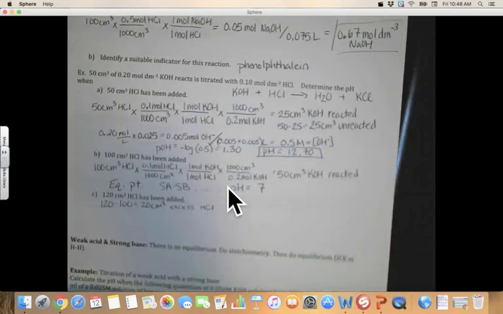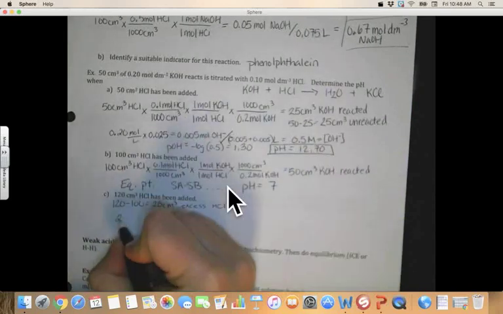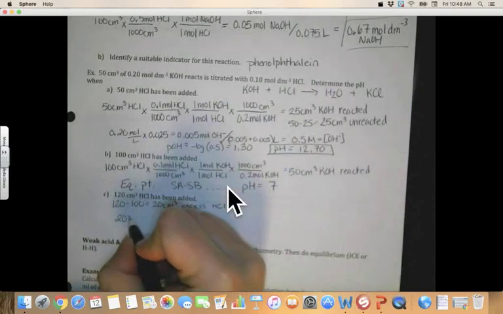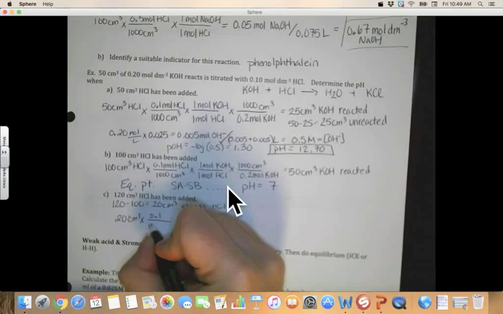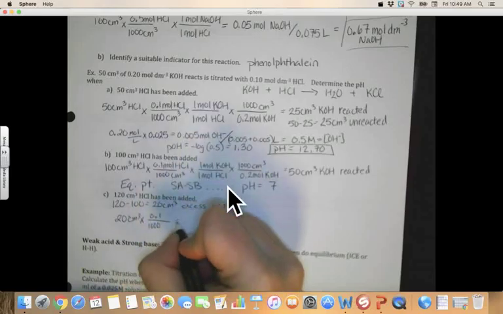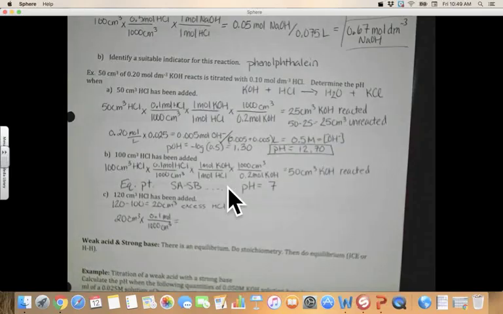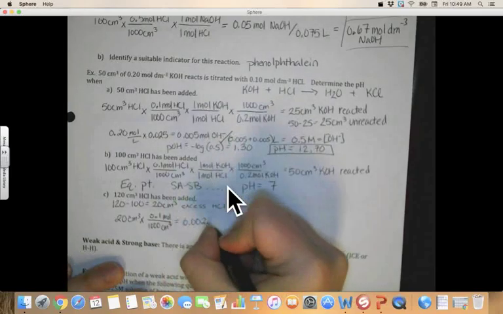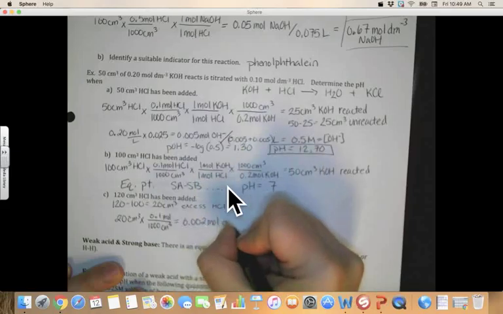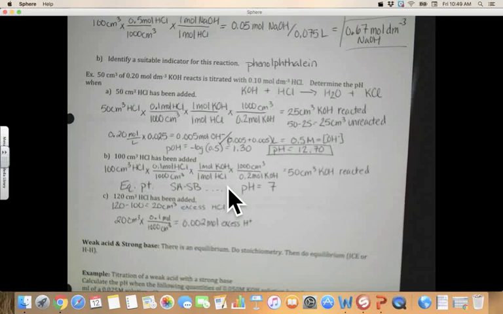So I'm going to figure out how many moles of excess HCl that is. My molarity for the hydrochloric acid is 0.1. That is 0.002 moles of excess HCl.